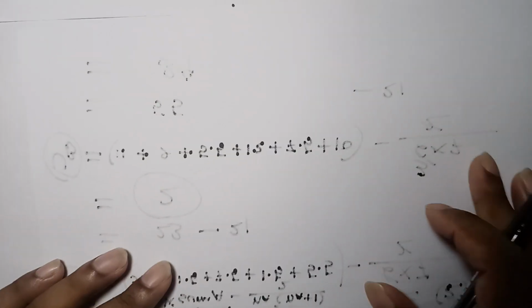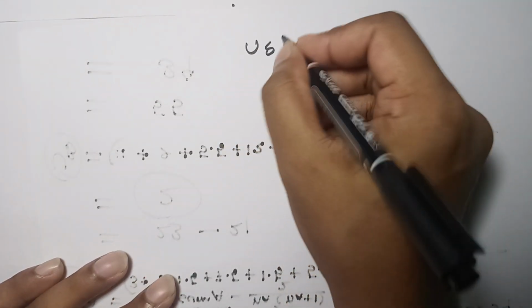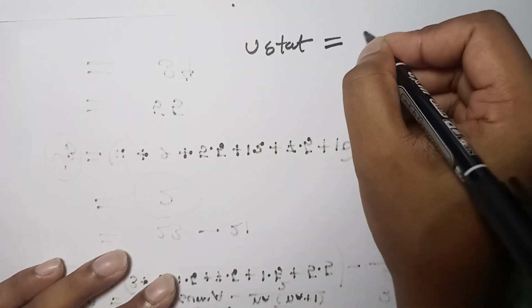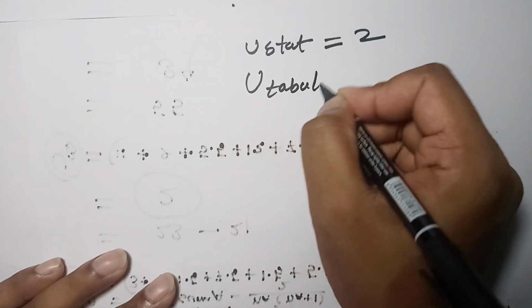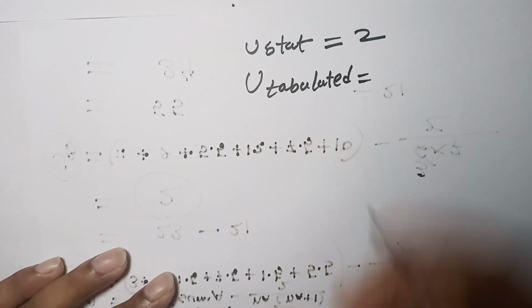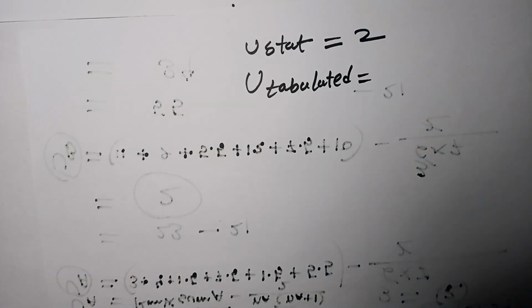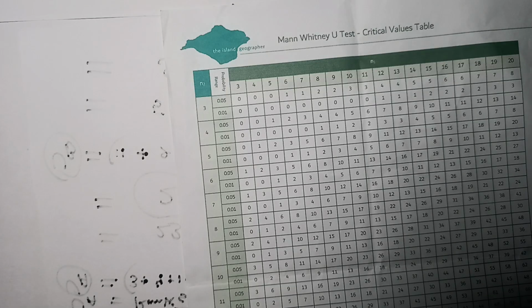Now, as you already found, the U statistic, U stat, is 2. Now we have to find the U tabulated value. What is U tabulated? For that, it's one of our main events. We got a table.